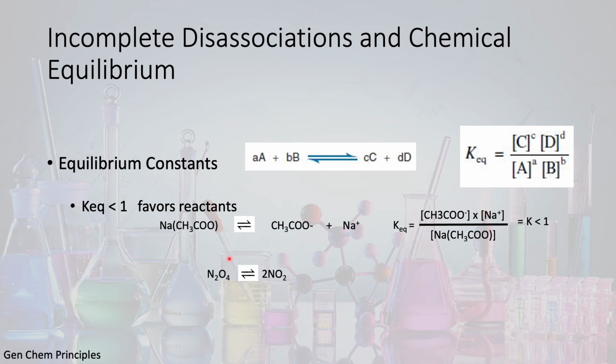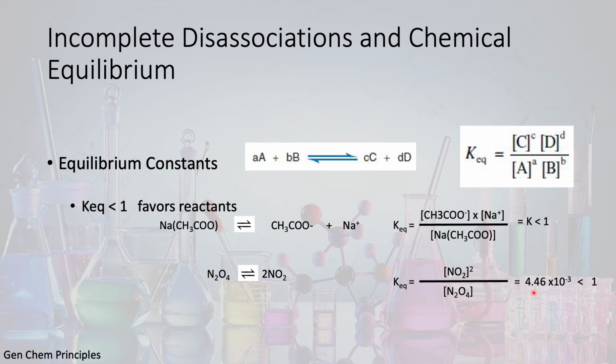How about if we look at the chemical reaction that we described earlier, the nitrous oxide being converted into 2 nitrogen dioxides? We would write the K_eq for this formula this way. We have our nitrogen dioxide raised to the second power, again because the coefficient in this balanced chemical equation is 2, divided by the concentration of our reactant, nitrous oxide.